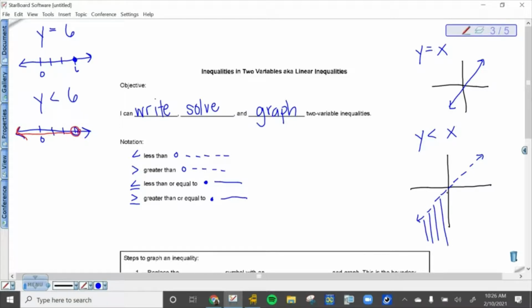That's what we call it, half plane. So it's all of the values. When I say y is less than x, the solution is anywhere below this line. So it's not just one point or a line, like a series of points. It's going to be this entire half plane. Okay.